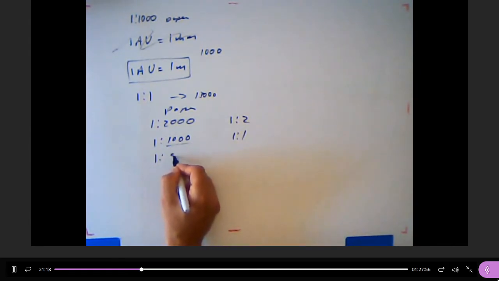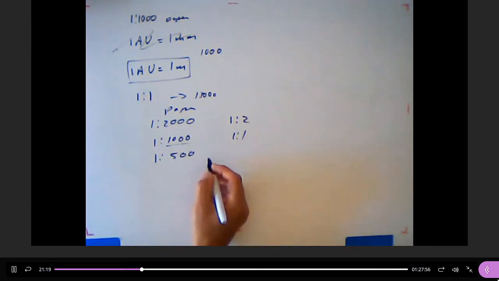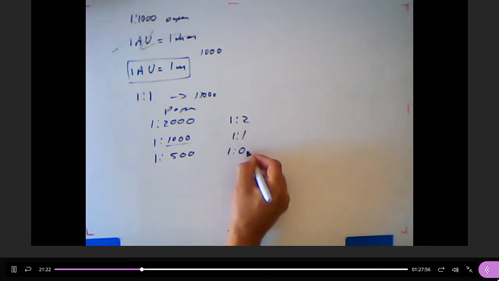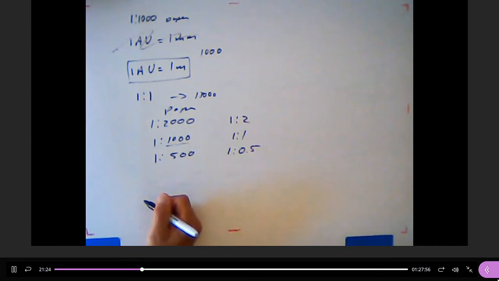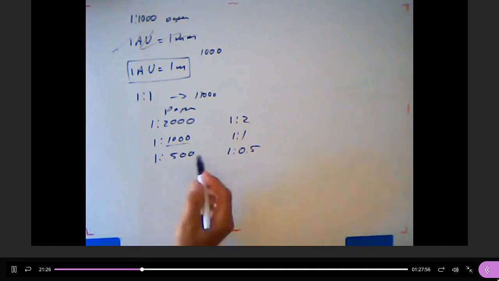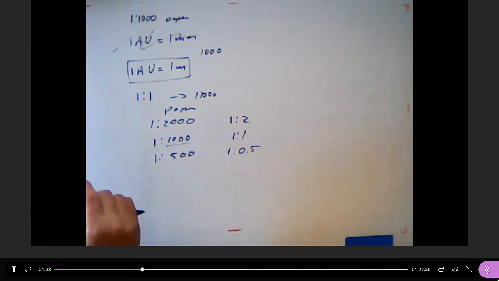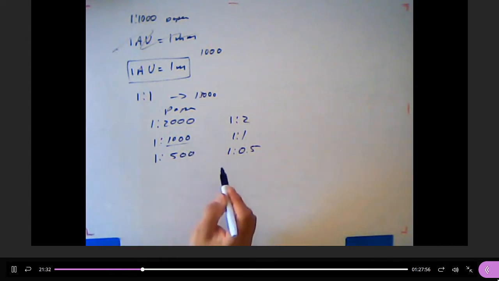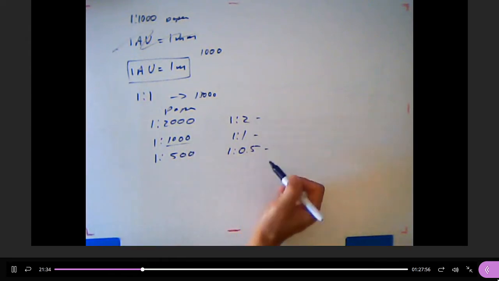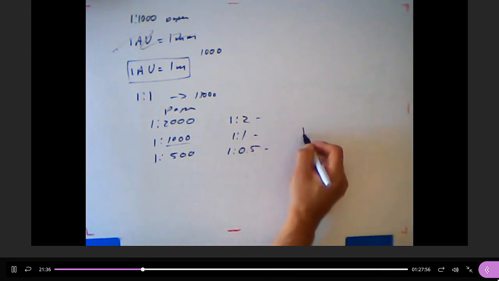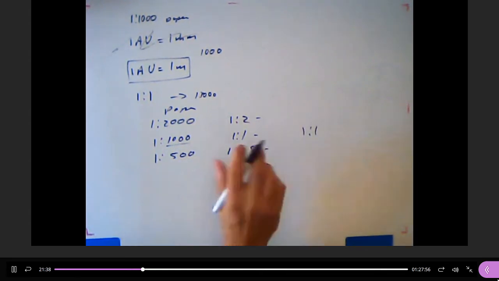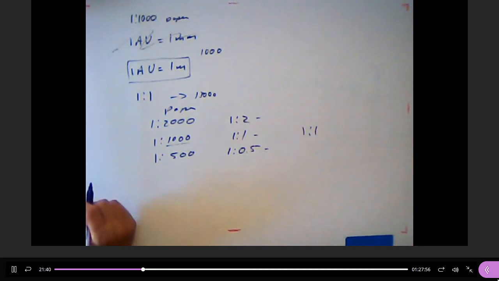If I want 1 to 500 on paper, which we will later in the course, I'm going to plot it 1 to 0.5. Now, that's if you were manipulating the scale for the plot feature. We're not going to do that. Instead of plotting at these different numbers, we're always going to plot at 1 to 1, and then we'll change the zoom factor on that window I drew.